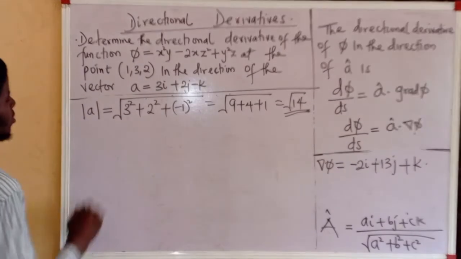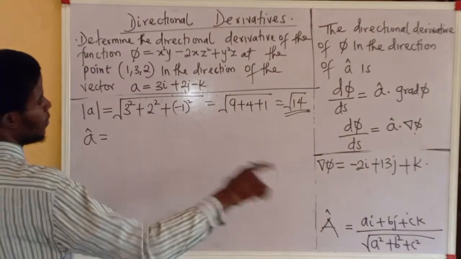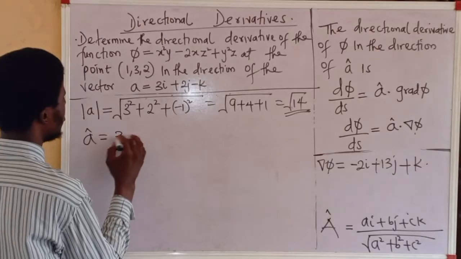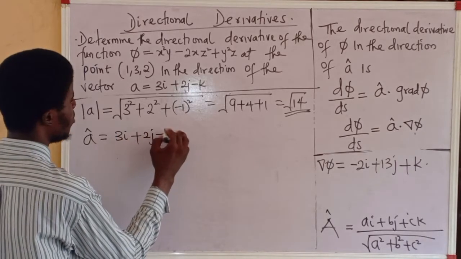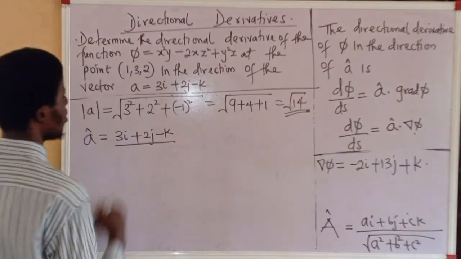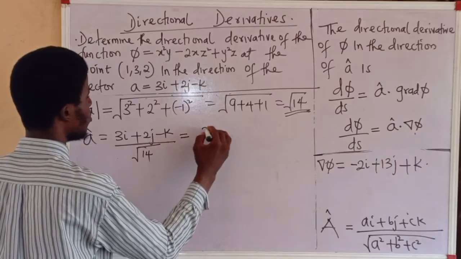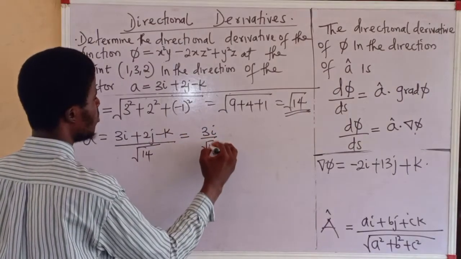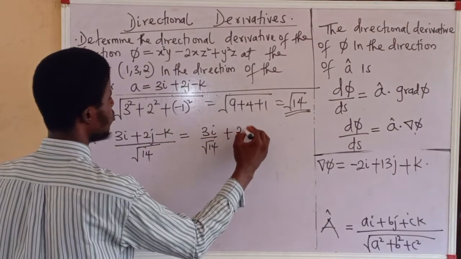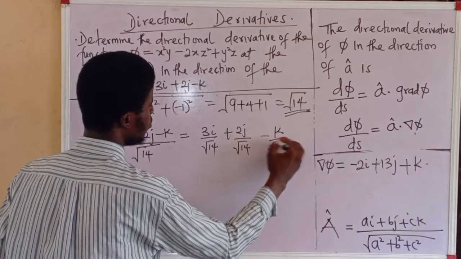So the unit vector in the direction of A is this. The vector itself, which is 3i plus 2j minus k, divided by the modulus of the vector A, which is root 14. And this is equal to 3i over root 14 plus 2j upon root 14 minus k upon root 14.